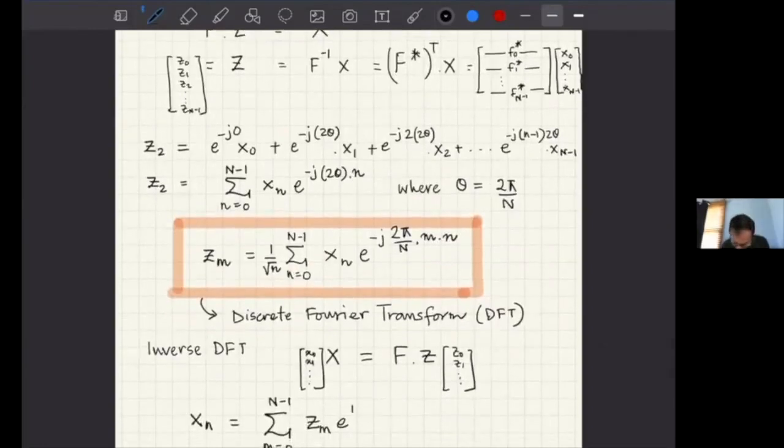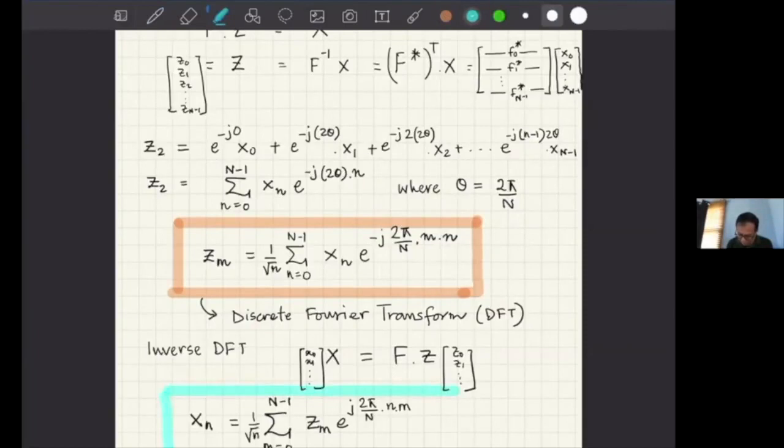So this is e to the power j 2 pi by n times nm, times 1 by square root n. And this gives you the equation of the inverse Fourier transform.